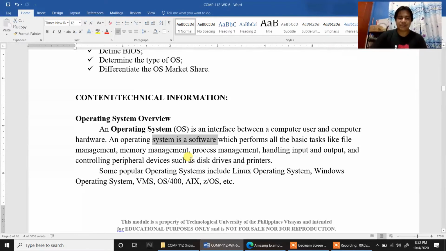Some popular operating systems include the Linux operating system, the Windows operating system, and the Mac, the most expensive OS. Those devices are very expensive. We have VMS, Chrome OS, and so on.